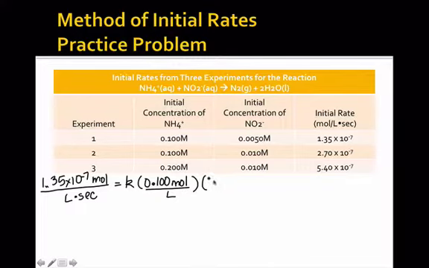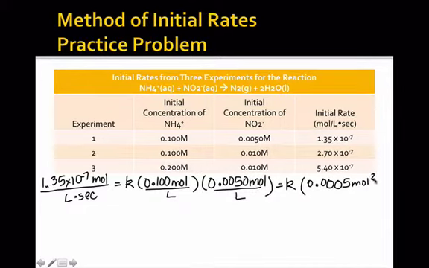And then it's to the first power, and this one is 0.005 moles per liter. So what you would do is take those two and multiply them together. So we end up with K, and then if I multiply those two together, I get 0.0005, and a mole times a mole is mole squared, and a liter times a liter is a liter squared. So I can ignore this now.